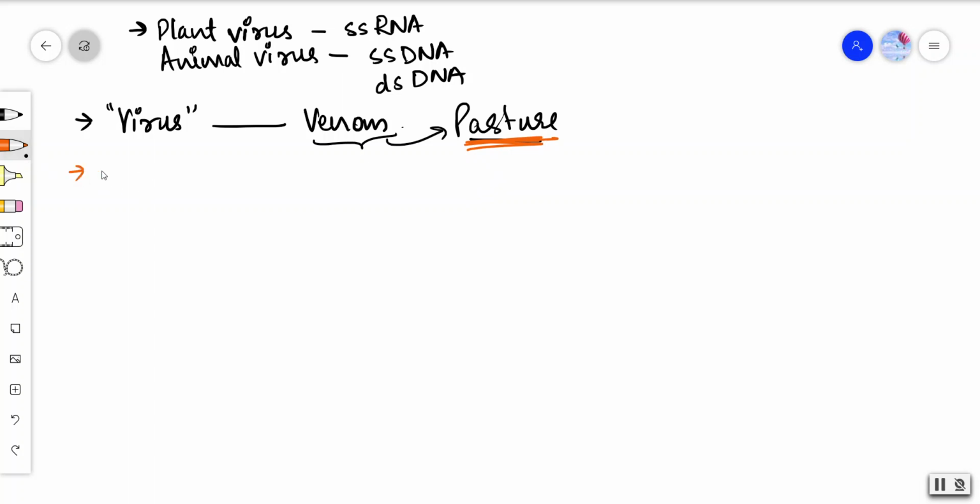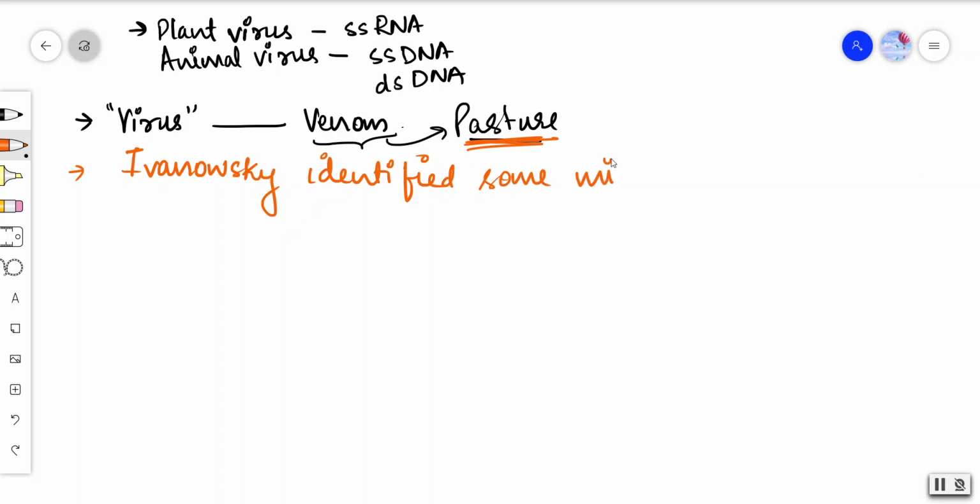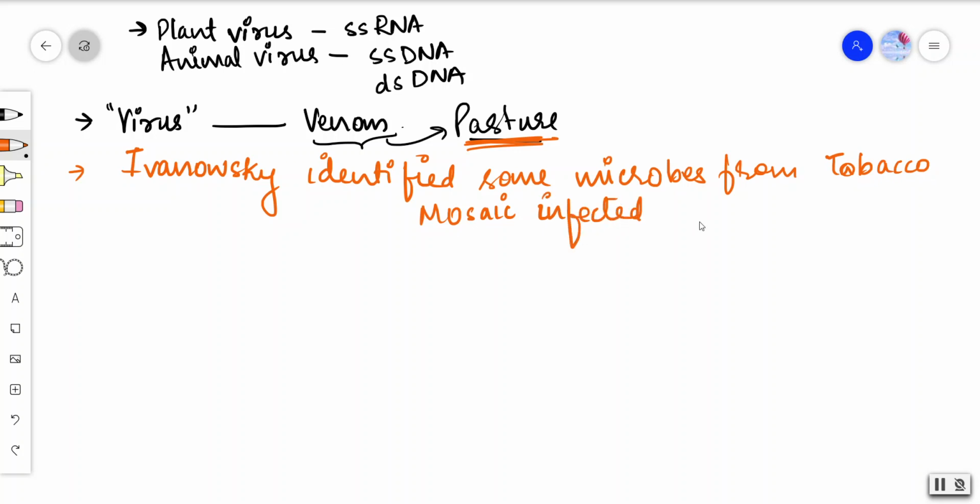Now, another scientist named Ivanovsky identified some microbes from tobacco mosaic infected plant, which nowadays we term TM infected plants.